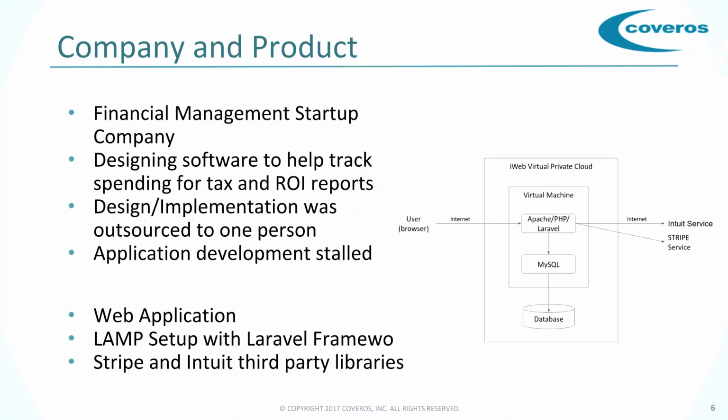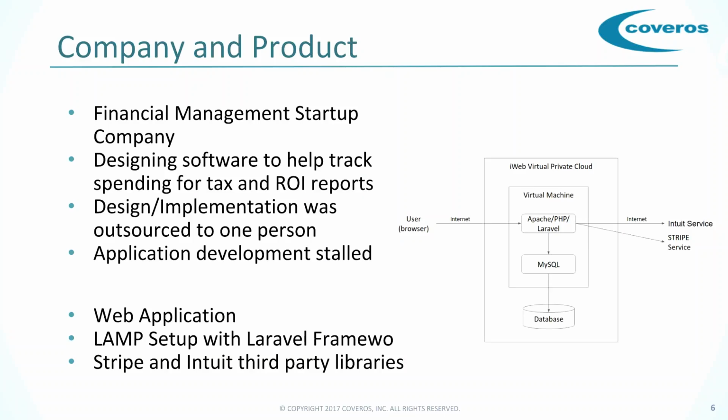As far as the company and the product, our client was a financial management startup company. For those of you who are not aware, this was the RE Profit project. It was about two years ago, maybe a year and a half ago, that we were working with this company.